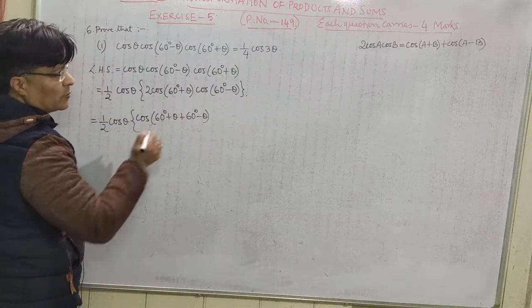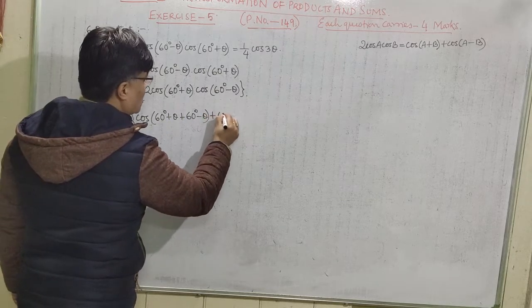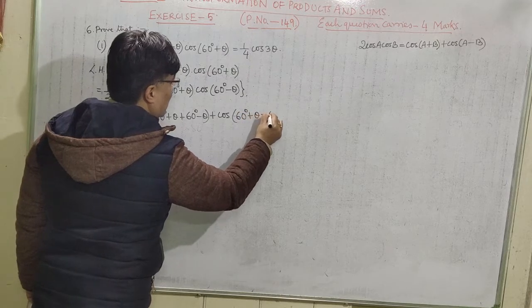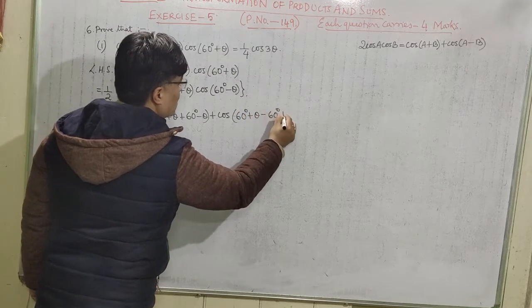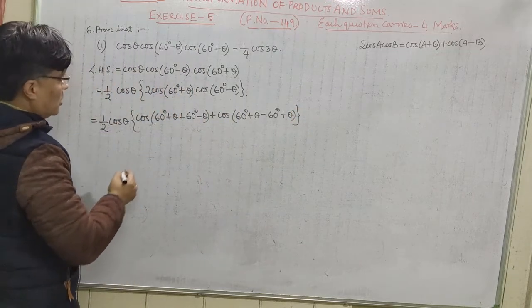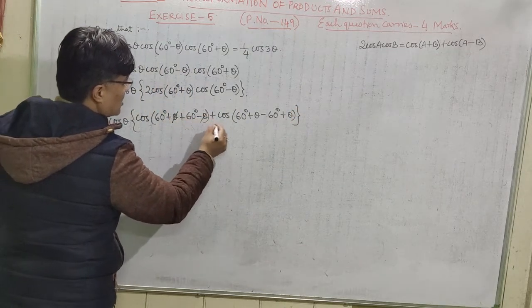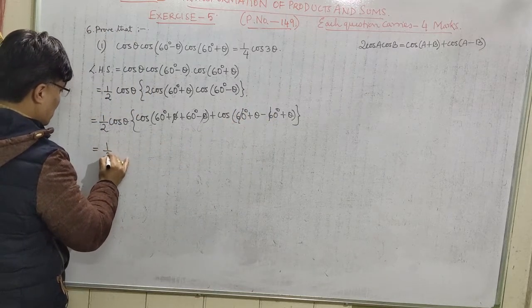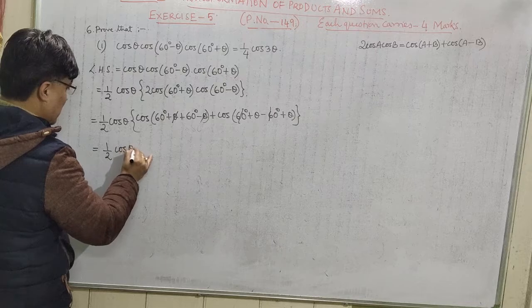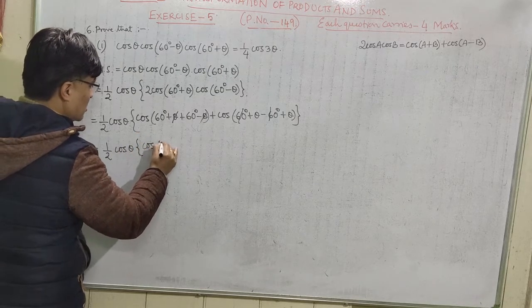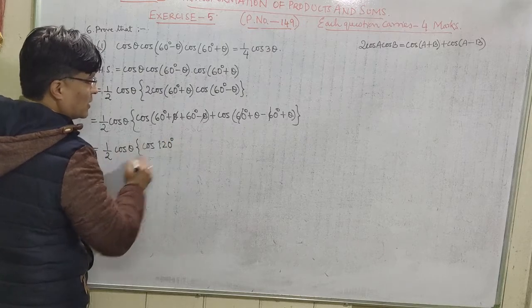That is your cos of A plus B plus cos of A minus B, what is A minus B? 60 plus theta minus 60 degree minus minus plus theta. Second bracket is closed. So here this theta gets cancelled and here 60 degree gets cancelled, which is equal to half cos theta. Now within second bracket we have cos, this is your 120 degree, right?